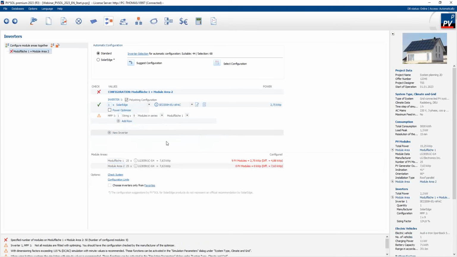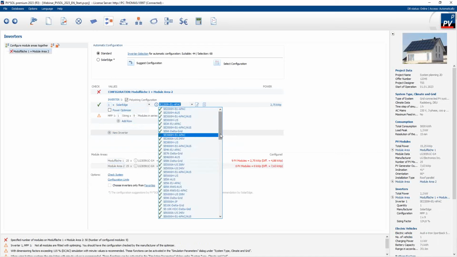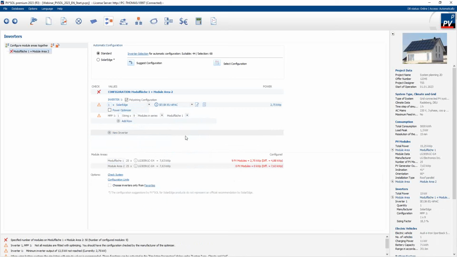In our case, we select SolarEdge optimizers here. We have about 15 kilowatt peak for both areas. So if you select the SE15K, which has about 15 kilowatt, this one here. Okay. Then we have to use power optimizers if you work with SolarEdge.